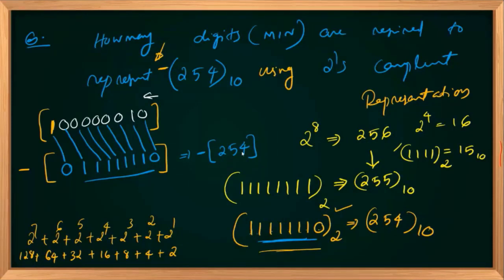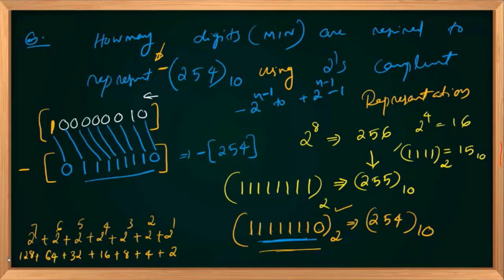9 digits are required. Let us check that also. Our formula was minus 2 power n minus 1 to positive 2 power n minus 1 minus 1.